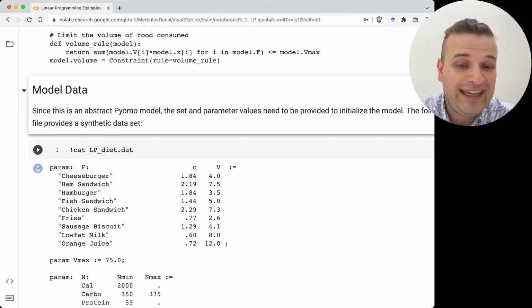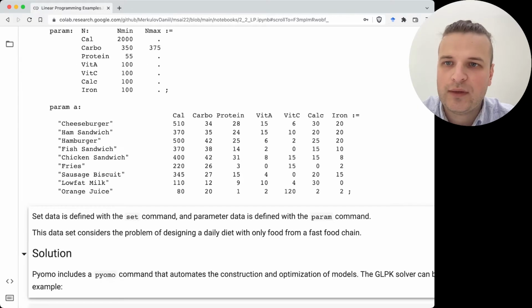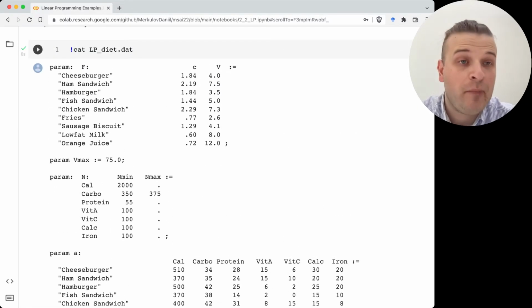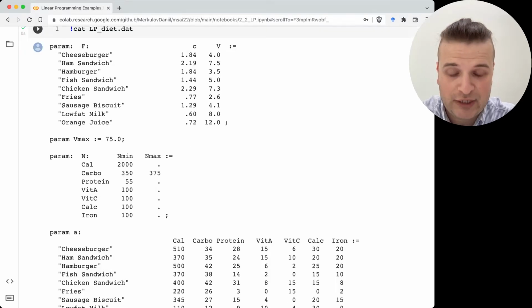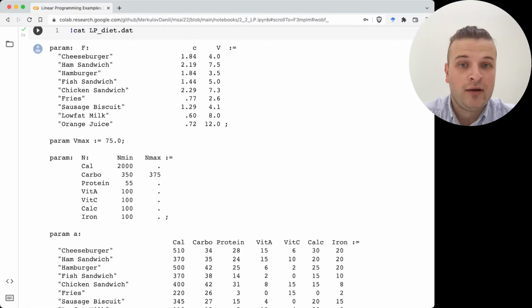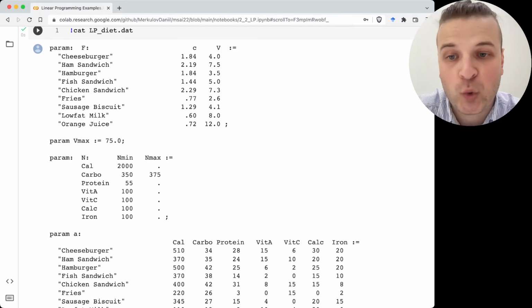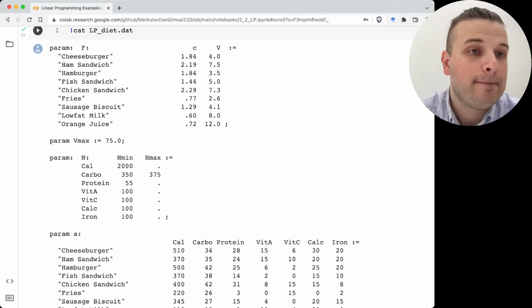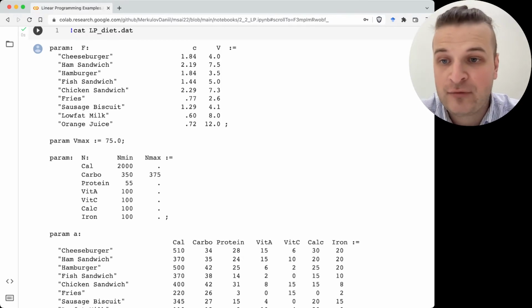But also we have a data file. Here we can see these matrices. That's a matrix of all nutrition information like cheeseburger, calories, carbs, proteins, and so on. Here are our upper and lower bounds. For example, we do not want carbs to be higher than this value.